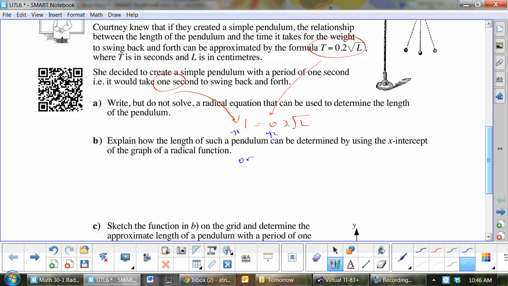Or what else could you do using your calculator? Which would be more work, yep. Yeah, so you could do y equals 0.2 square root L minus 1, and then I would still put my y2 equals 0 anyway. And then for both of these, you want to find intercept.